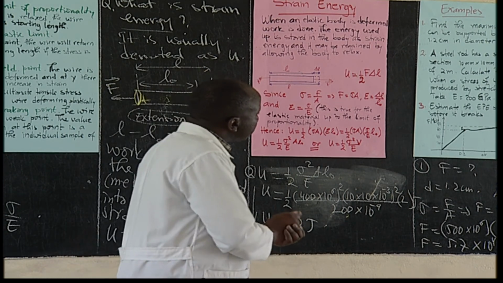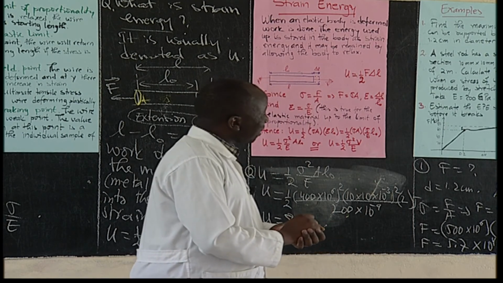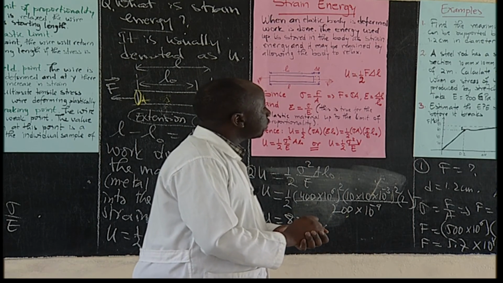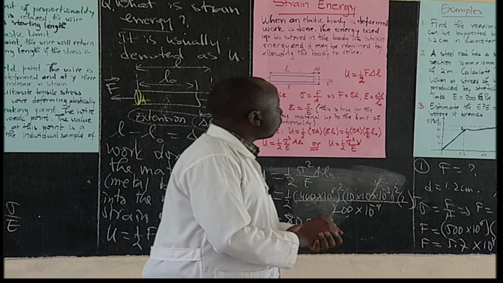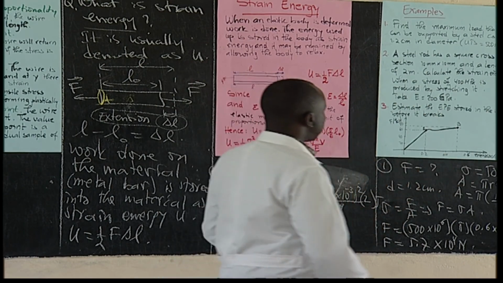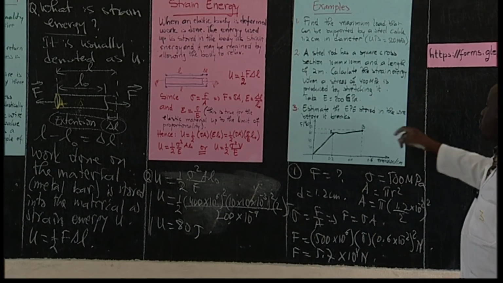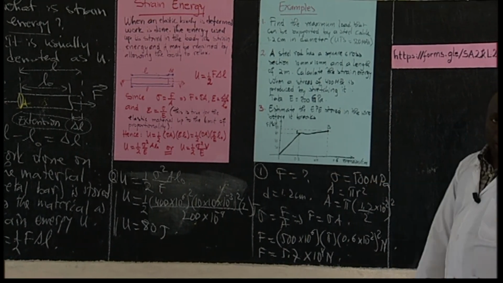And let's have now number 3. Number 3 estimates the elastic potential energy, that is the elastic potential energy stored in the wire before it breaks. Okay? So what is this going to be? Before it breaks, in other words, what we are going to do is to use this diagram.